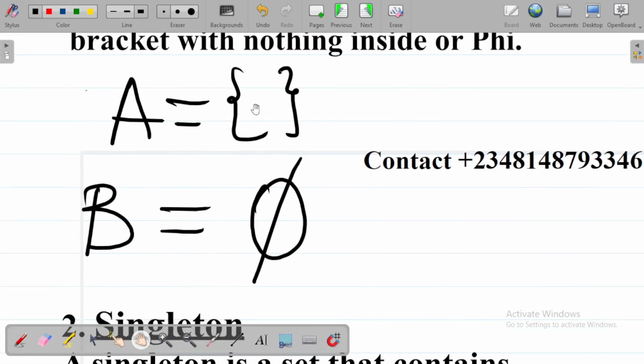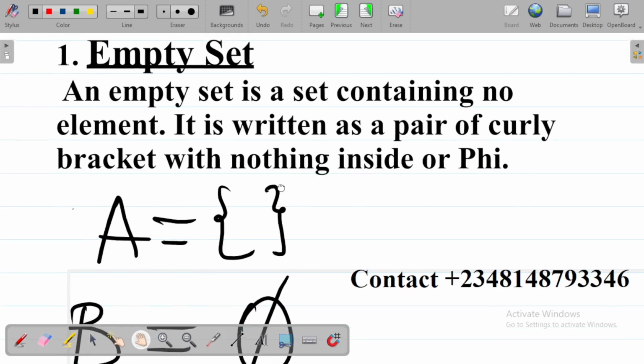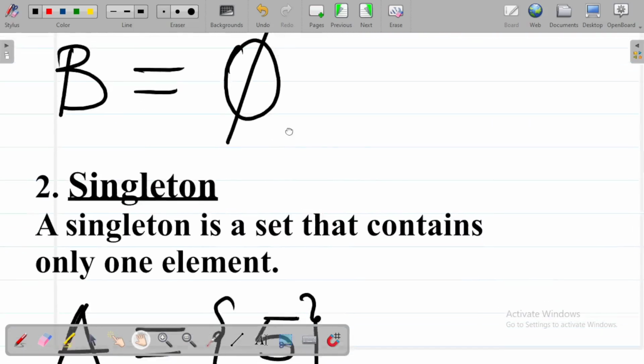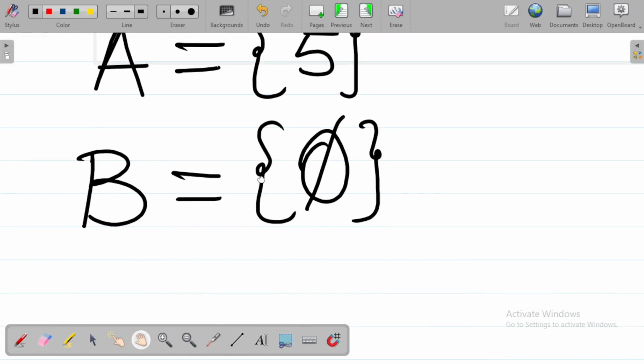But when phi is enclosed by curly brackets, it becomes a singleton. So learn how to differentiate between an empty set and a singleton. An empty set has no element inside, or an empty set is phi alone. But when phi is inside a curly bracket, it becomes a singleton.